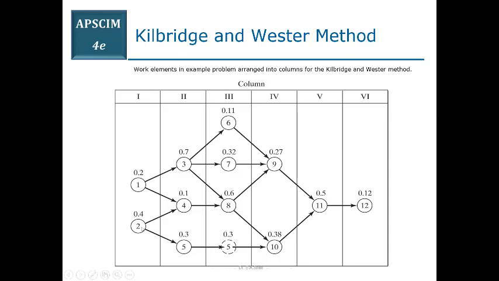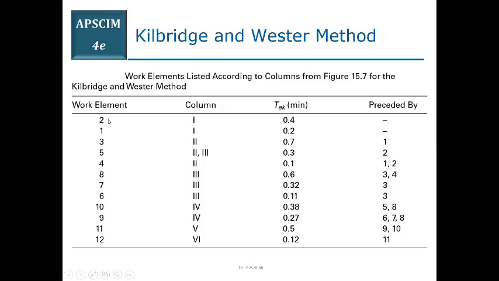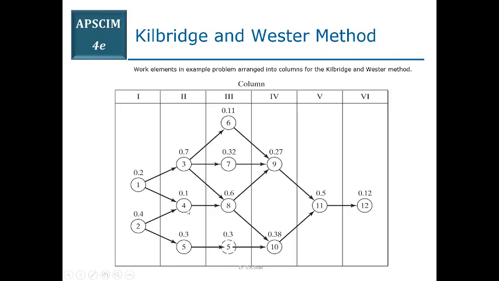So I will simply write the second element on top, and then it will be followed by element number 1. So my listing within the table of elements will be 2, 1, and then in the second column, the largest candidate is 3, then we have 5, whose value is 0.3, and then element number 4 has the lowest. So if you arrange the list column-wise in descending order, it will start from 2, 1, and then 3, 5 and 4. So we have on top element number 2, then 1, 3 and 5. Similarly the other elements. After 5, 4 will come, and if you have placed 5 in this column, it will come here, otherwise you will look at its arrangement here.